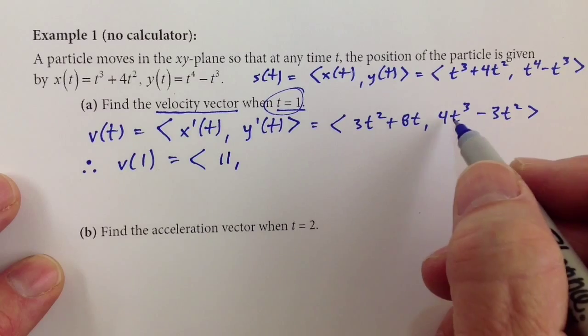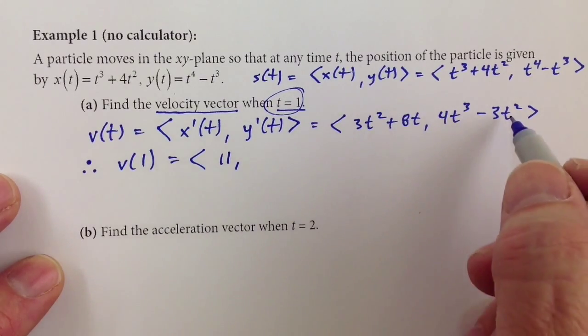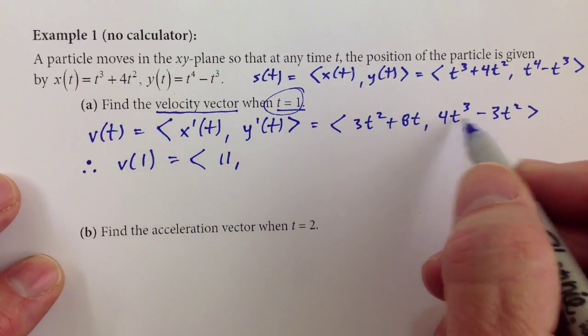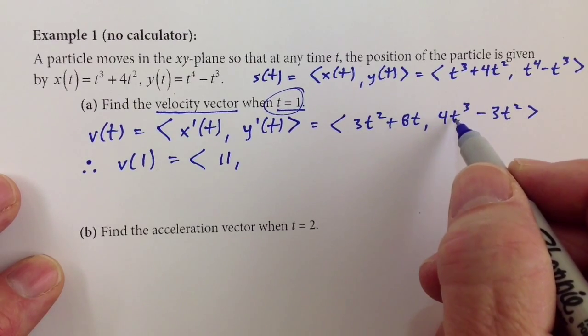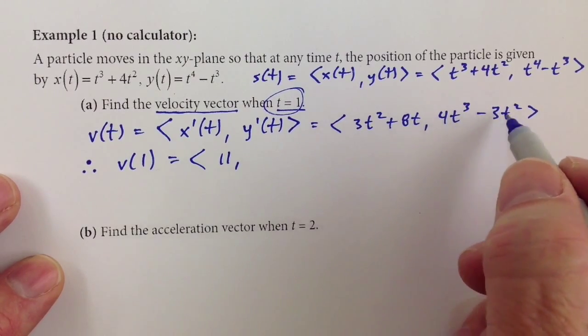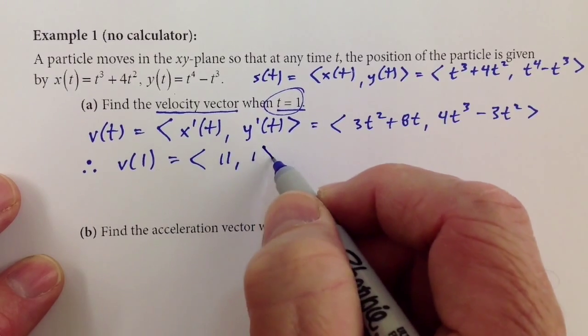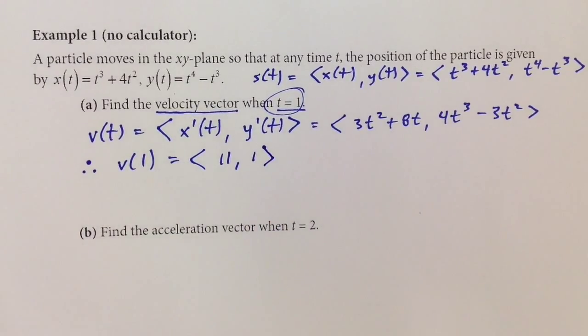And the y component of the velocity vector at time 1 would be 4 times 1 cubed, so 4 minus 3 is 1. So there's our velocity vector at time t equals 1. That's it.